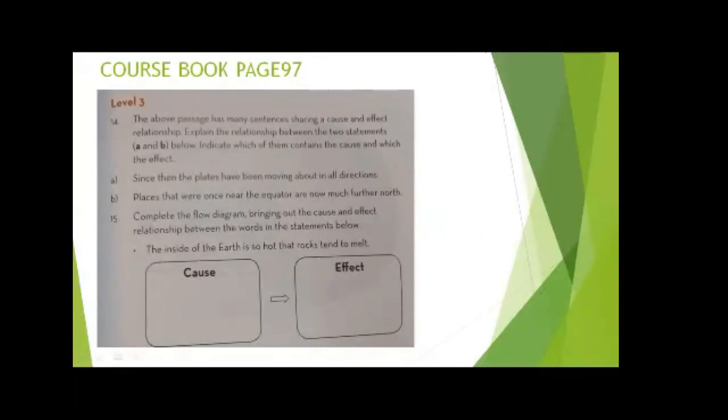Indicate which of them contains the cause and which the effect. Statement A says, since then, the plates have been moving about in all directions. And sentence B says, places that were once near the equator are now much further north.